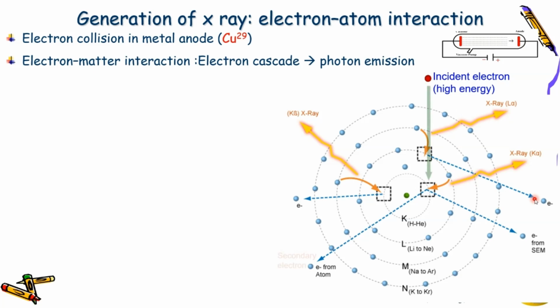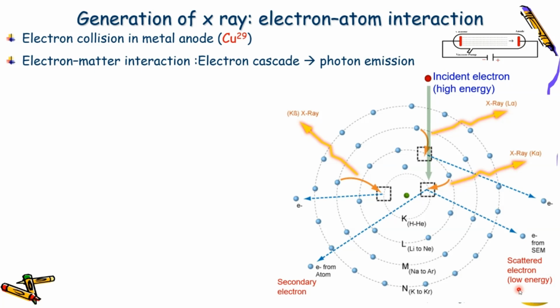And this incident electron kicks one of the electrons in the inner shell away, what we call the secondary electron. Secondary electron means the electron from the atom. And of course, this incident electron won't stay here. It will come out. We call it the scattered electron. Of course, this was high energy, and this will be low energy.